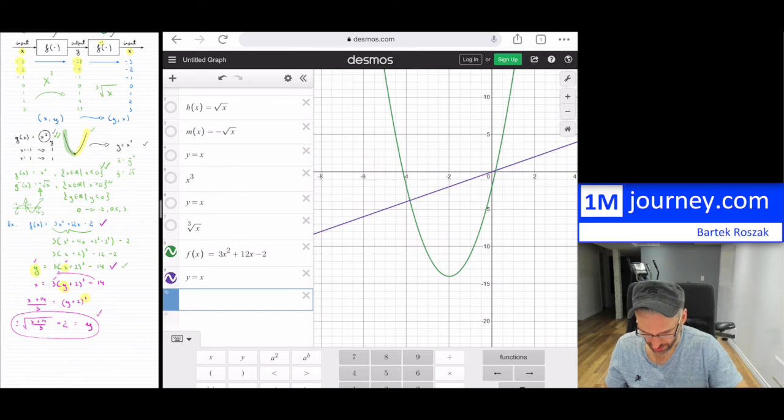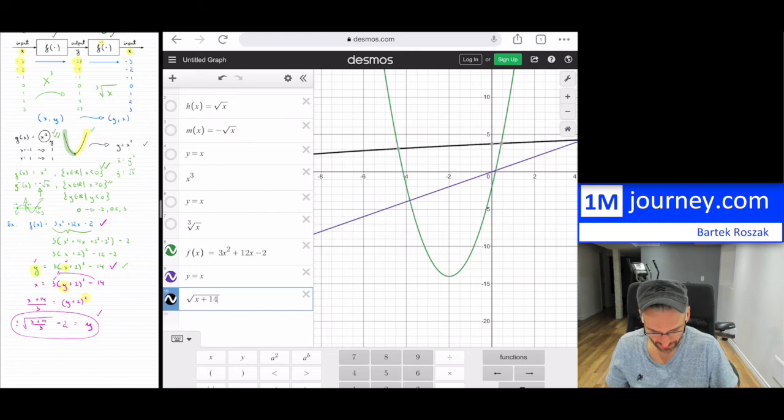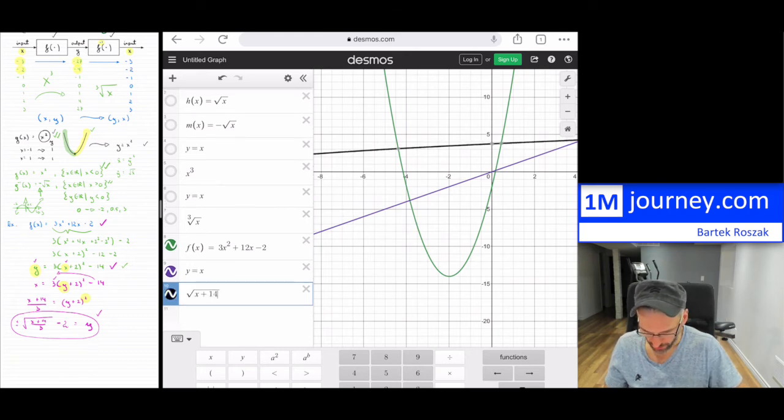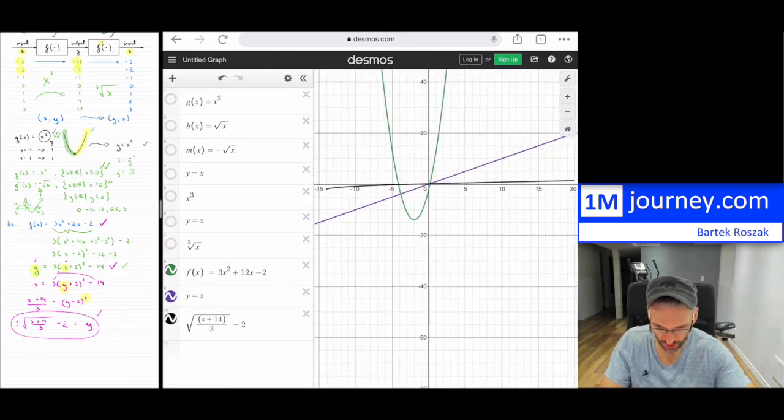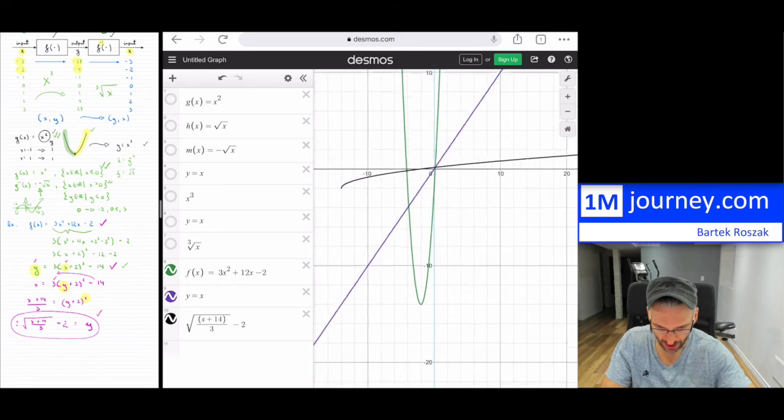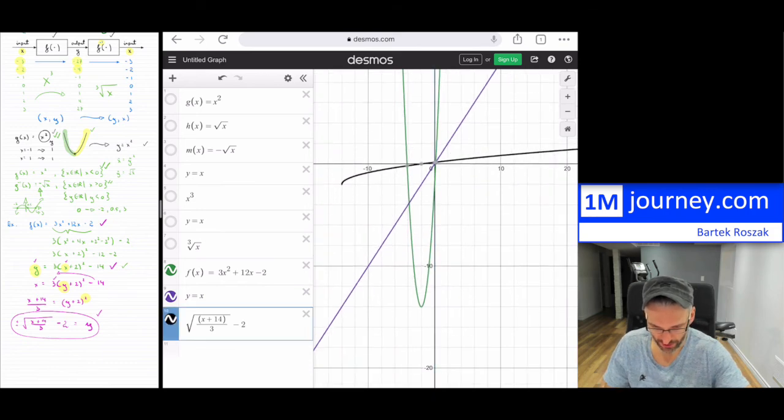So this is the square root, and this is going to be x plus 14, and we want the whole thing divided by 3, so let's put this in brackets, x plus 14 divided by 3, and then we want minus 2. So when we do this, notice we're only going to get half of it, and this point is at negative 14, 2, which makes sense to us.